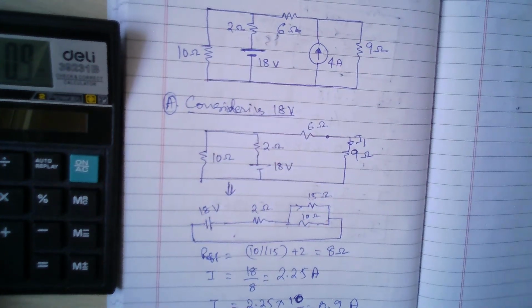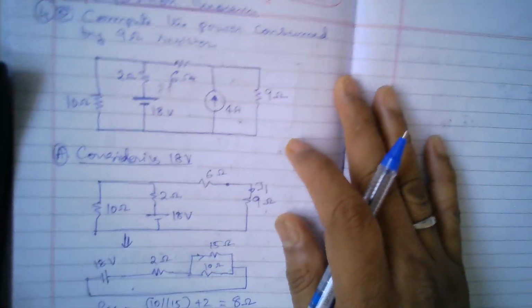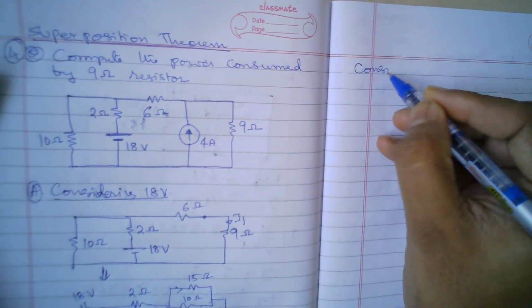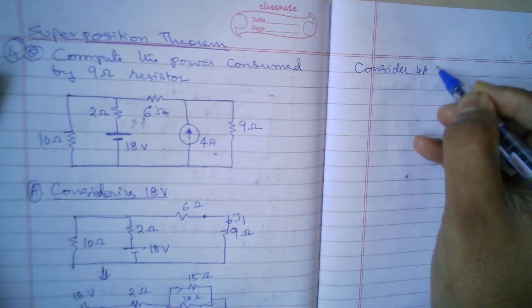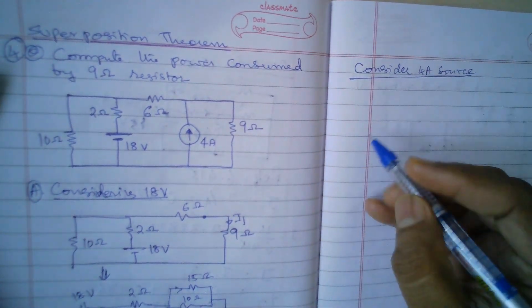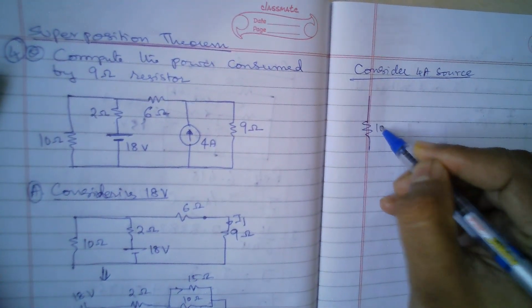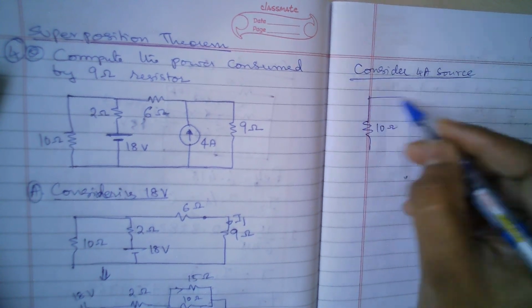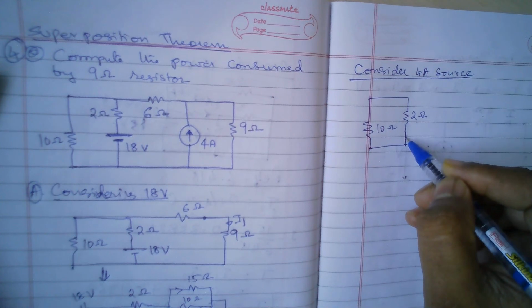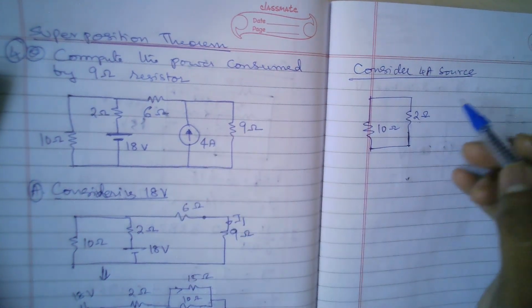Now let's continue. Consider only the 4 ampere source. When I do this, I have 10 ohms here, then 2 ohms here. Here the 18 volt battery got short circuited.